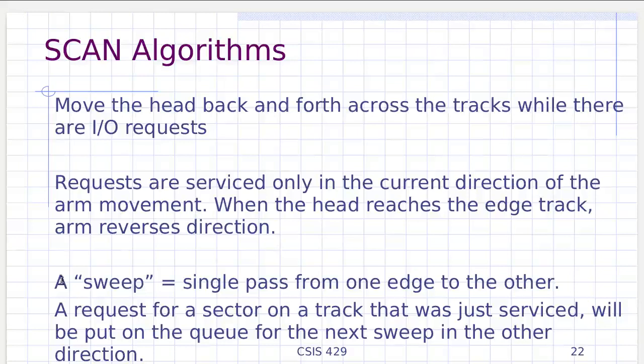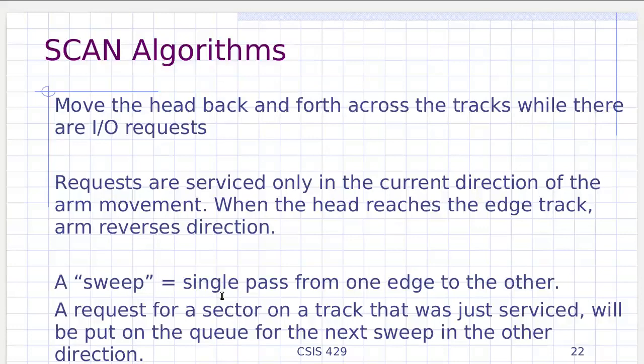A sweep, that is, when you move the head back and forth, is a single pass from one edge to the other, from the inner edge to the outer, or from the outer to the inner. A request for a sector on a track that was just serviced will be put on the queue for the next sweep in the other direction.